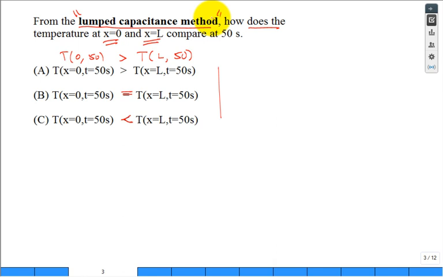Not the actual physical reality that the world is behaving like, but the approximation known as the lumped capacitance method applied to this problem. Can the lumped capacitance predict the temperature at a location and time, or does the lumped capacitance method only predict the temperature as a function of time?